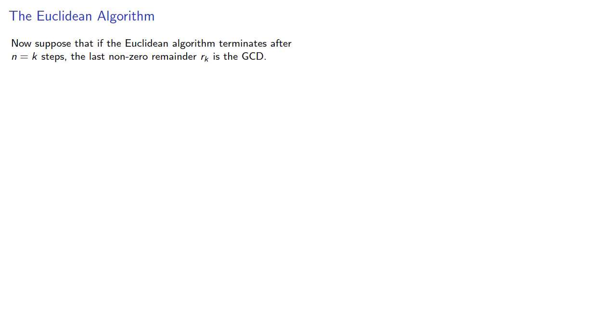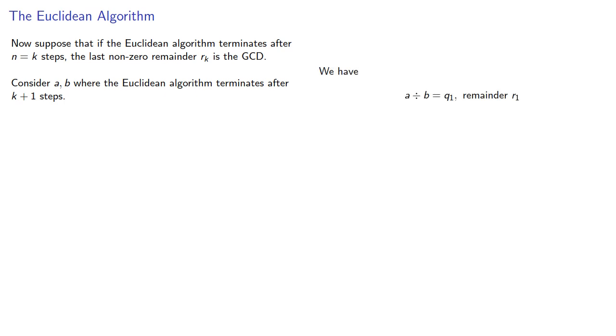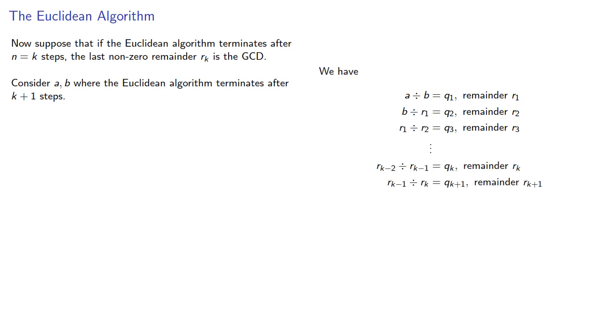Now suppose that if the Euclidean algorithm terminates after n equals k steps, the last non-zero remainder rk is the greatest common divisor. Now consider A and B where the Euclidean algorithm terminates after k plus 1 steps. So we have A divided by B is some quotient with remainder, B divided by R1 is some quotient with remainder, and so on, with rk plus 1 being the last non-zero remainder.